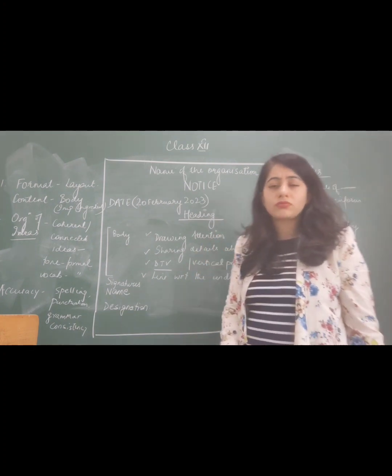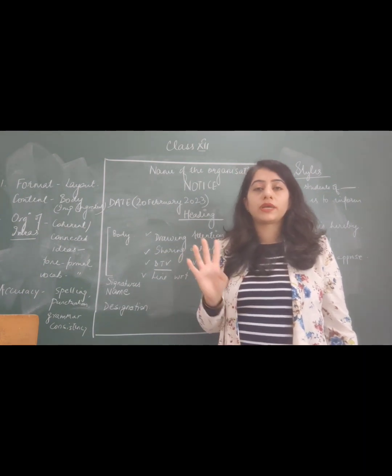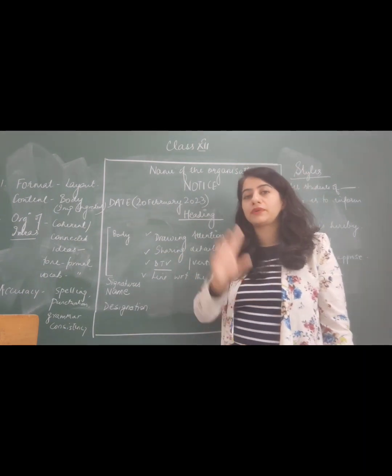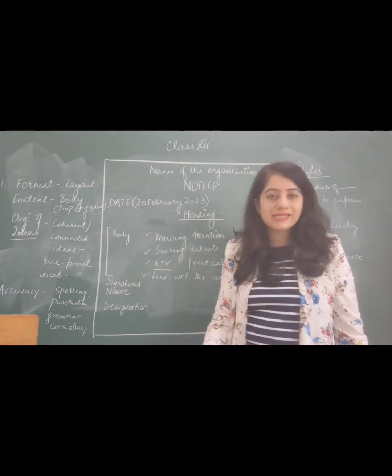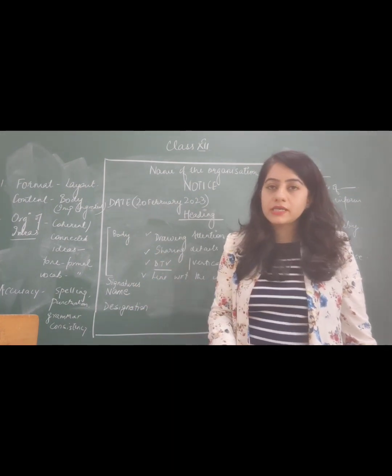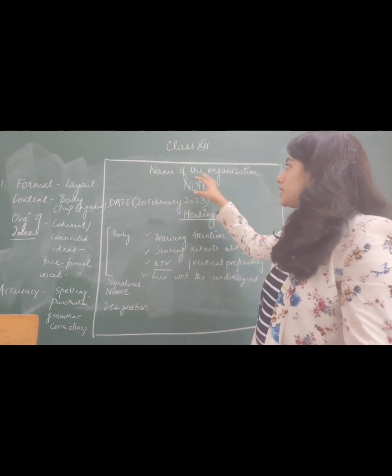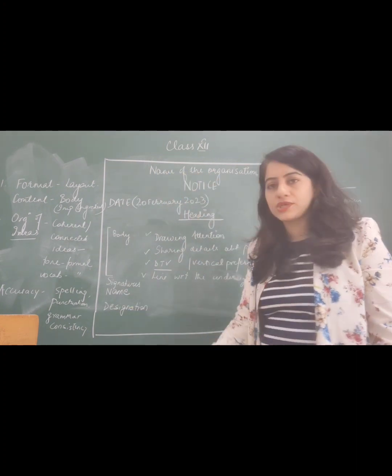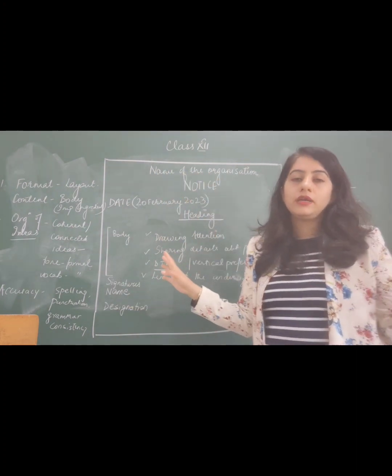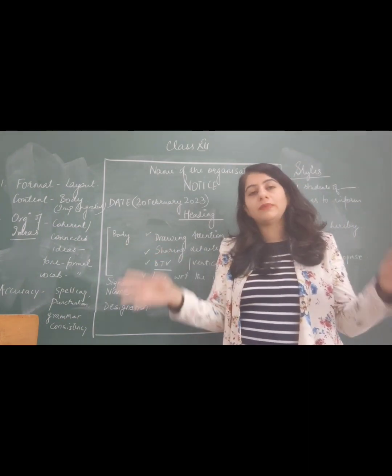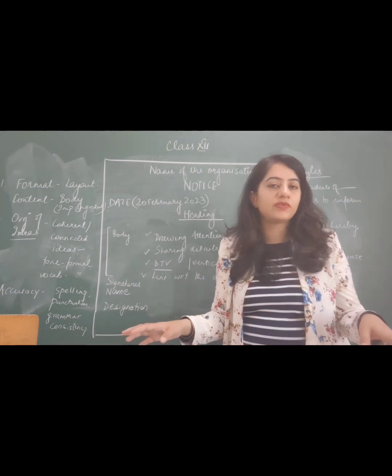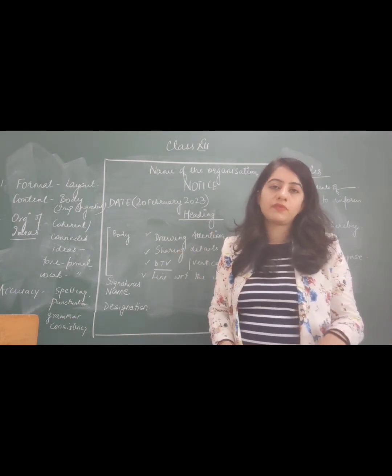Only then can you ensure that you get the full 1 mark in the format of the question. If you are writing anything less than these 4 indicators, if you're just writing the word notice and name of the organization and designation at the end and you've forgotten the entire format altogether, then you're not going to be given full marks here. You're going to be given only half a mark.